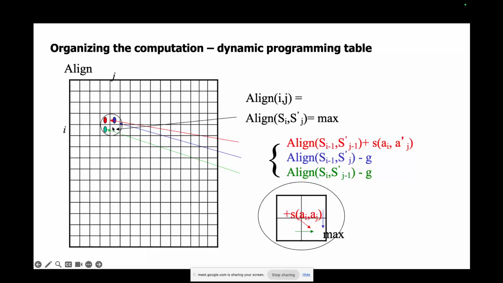So you compute the alignment score till here, and you introduce a gap to reach here. Similarly, from the left-hand side, you align till i and j minus 1, and then you add a gap to be present here. So these are the three possible things that can be present.